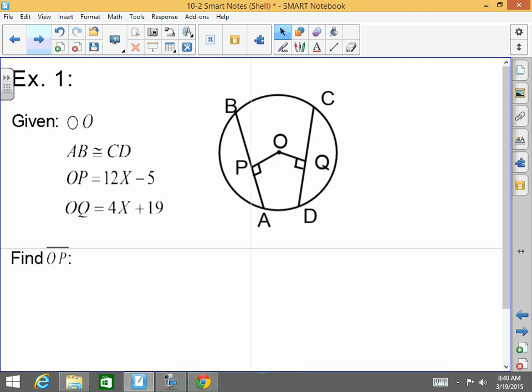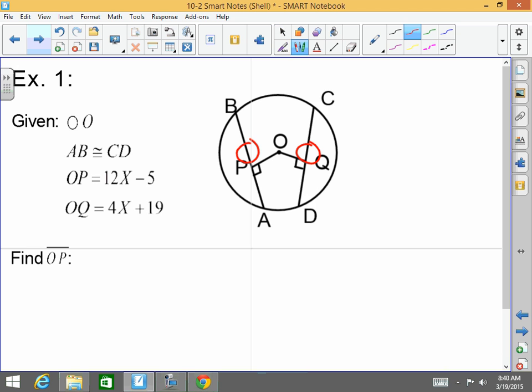Given, you have circle O here. AB is congruent to CD. So AB, which is the whole thing, is congruent to CD, which is the whole thing. OP is 2x minus 5, and OQ is 4x plus 19. I want you to find OP.